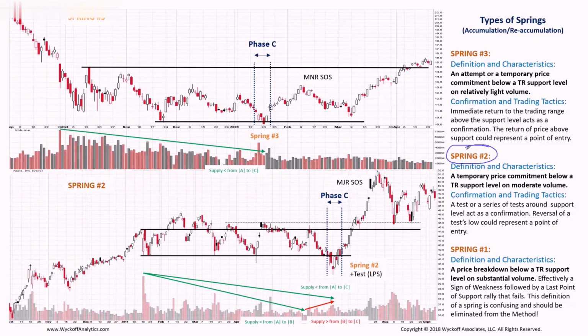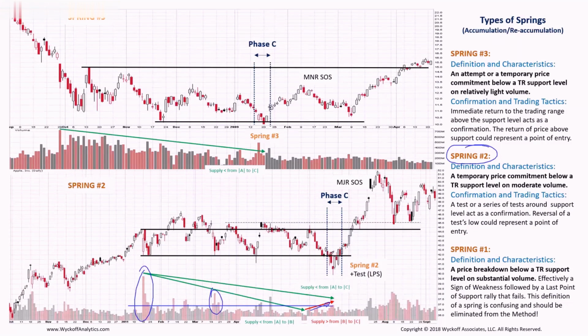Sprint number 2 is going to have the same principle behind it, but it's going to be associated more with weak hands panic, mini panic rather, where supply signature will increase, and therefore the volume signature overall will increase, but it's not necessarily going to be as high as phase A signature or maybe phase B shakeout type of actions.